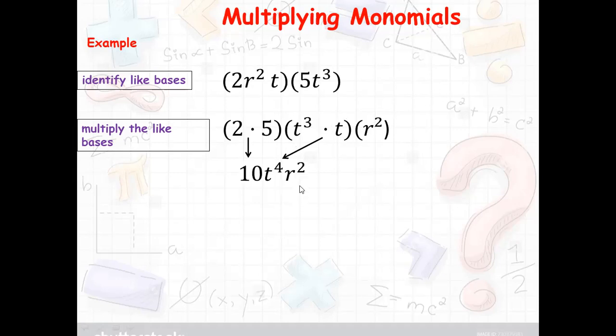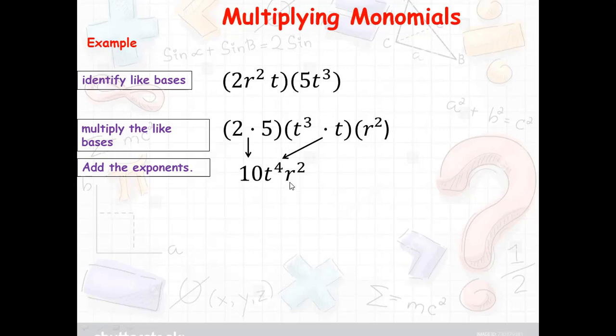And then r squared is alone, as we are not multiplying r squared with anything. So this is how you multiply monomials. Multiply the numbers, the bases, first. Then group the exponents, t to the power of 1 multiplied by t to the power of 3. You just add the exponents. 3 plus 1 gives you 4, and then r squared.